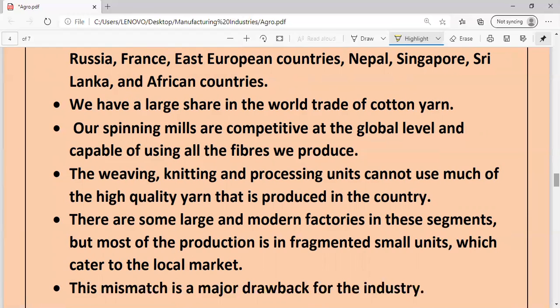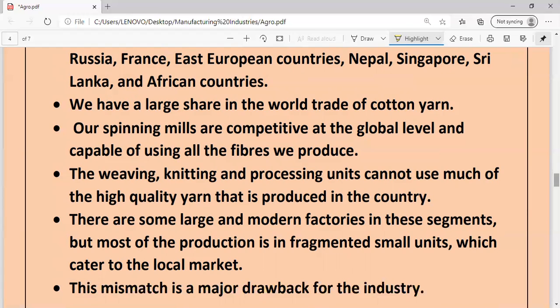Why? Because there are large and modern factories in this segment, but the production is fragmented in small units. Even though we have big factories, production is concentrated in small units. It is not carried out in a coordinated way.